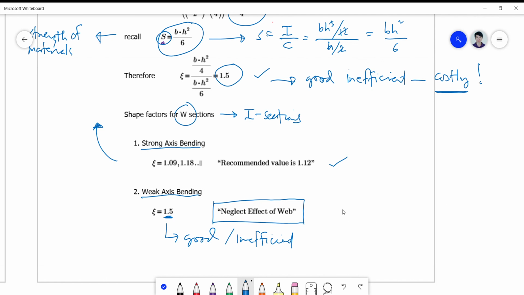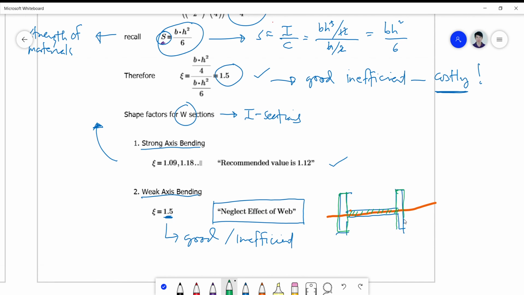Okay, why? Because if we look into weak axis bending and we neglect the web, okay, if I neglect this web here, I will just come up with two rectangular shapes.